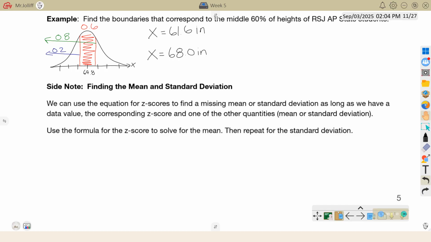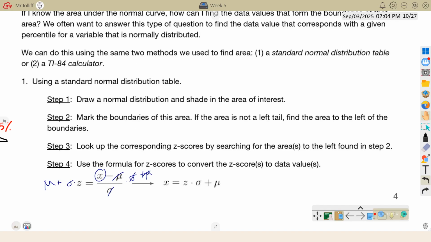It's the same way that we tackled this here. You start with the formula for a z-score, you plug in the numbers you have, you use a little bit of algebra to find the one you don't have. Yeah? In terms of difficulty level of the algebra on the AP test, that is most of it right there.